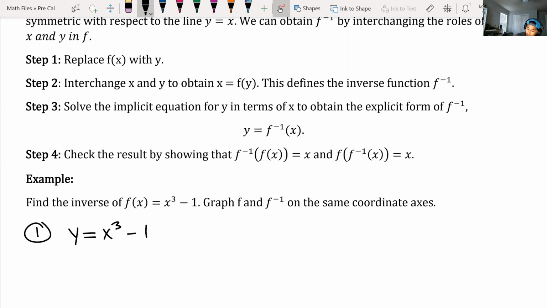So on step 2, you interchange the roles of x and y, and this gives you x equals y cubed minus 1. So we interchange their roles. And now, step 3, all we have to do is solve for y.